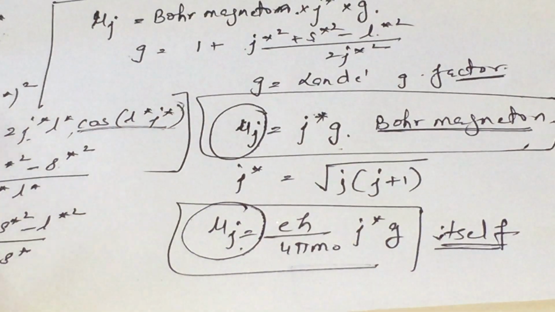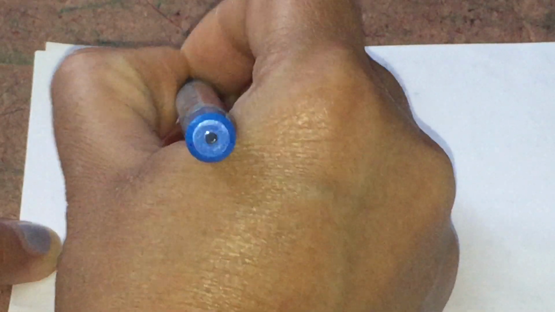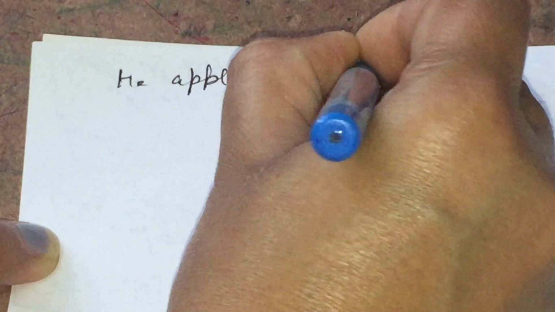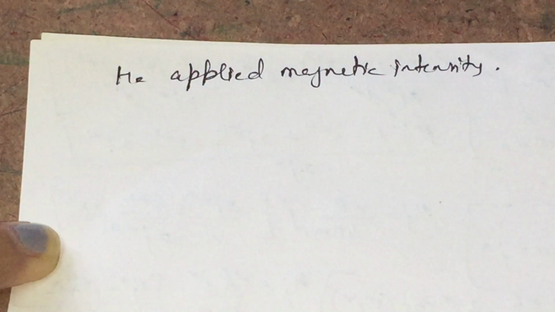Now we are going to explain what will happen to this total magnetic momentum when the magnetic field of strength H is applied. It means it is our applied magnetic intensity of strength H here we are representing.